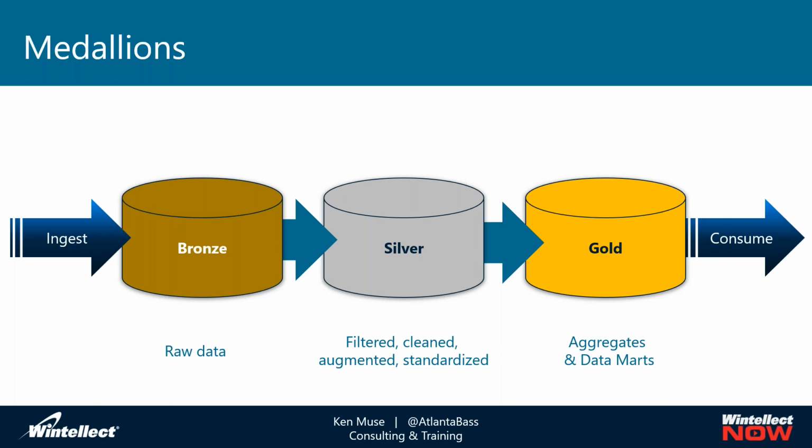If at any time gold needs to be updated, we can pull new data or updates from silver. If silver needs to be corrected, well, we've got the bronze data to help us with that. And again, whether these jobs are batch or near real-time streaming, it all looks like tables under the covers. And so we can create these complex pipelines that carry the raw data directly into a reporting system with very low latency.